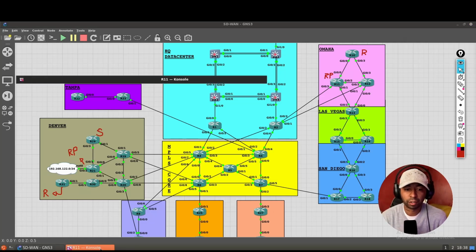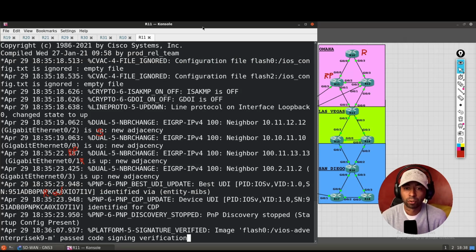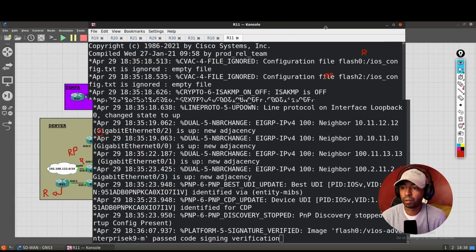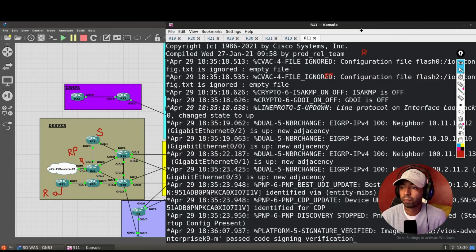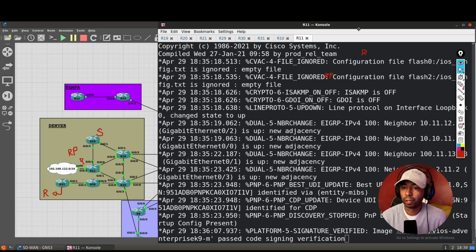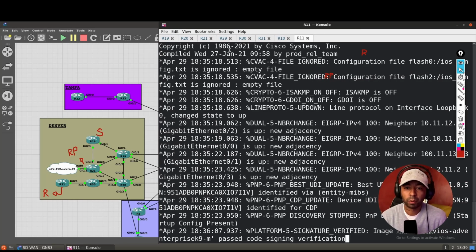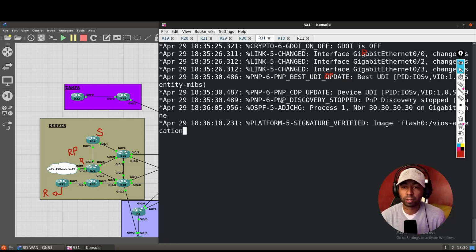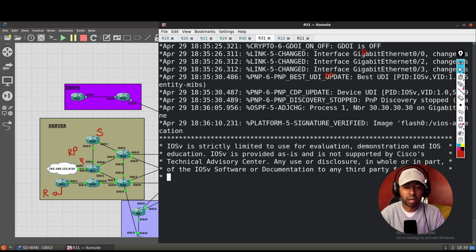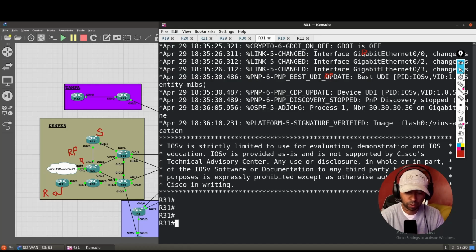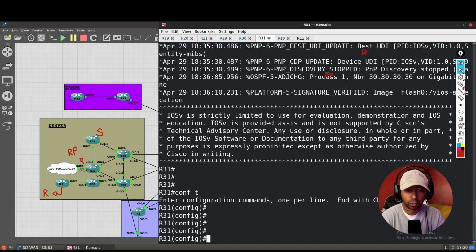I have the console terminal here, so I will place this console on the right side. I will start the configuration with router 31, which will be my receiver. I will go into router 31 and say config terminal. Here will be the static configuration, which is the easiest way.